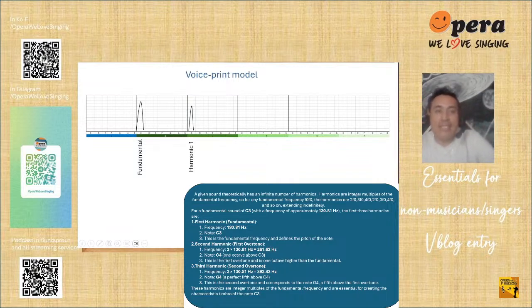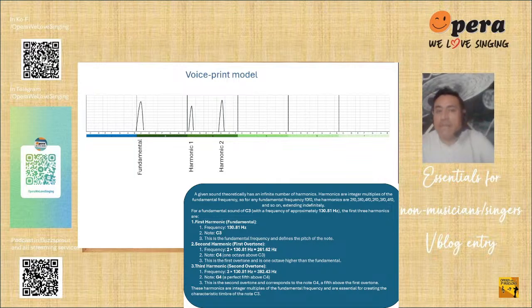In our case, if we start with C3, we have a C3 as a fundamental voice. Calculations bring us to the first harmonic, which is a C4. Based on those same calculations, we know that the second harmonic happens to be a G4. And this is where it matters.